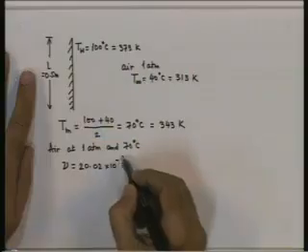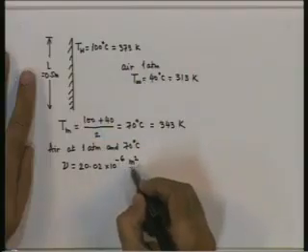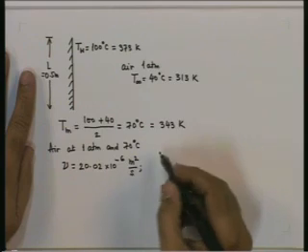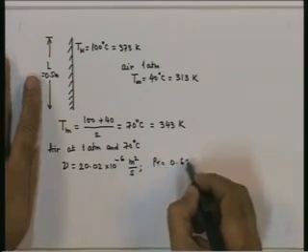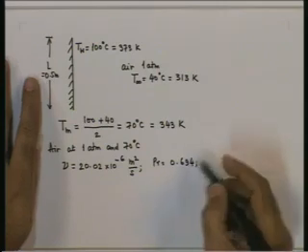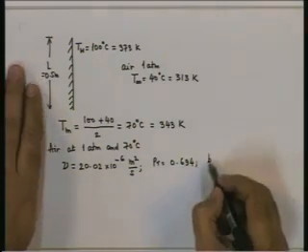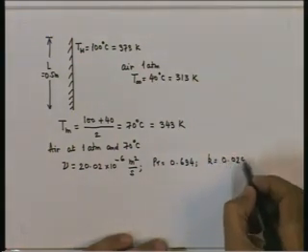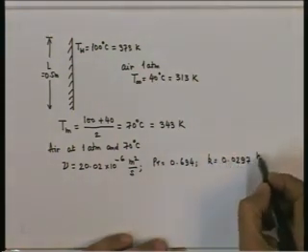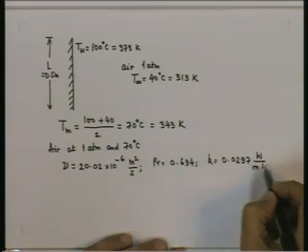We need the kinematic viscosity, which is 20.02 into 10 raised to minus 6 meters square per second. Prandtl number is 0.694. Thermal conductivity is 0.0297 watt per meter Kelvin.